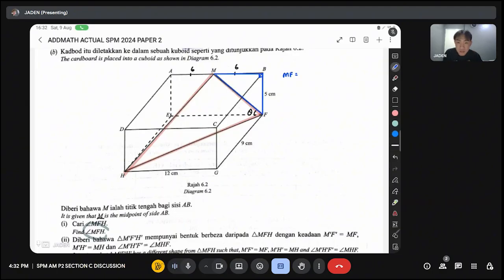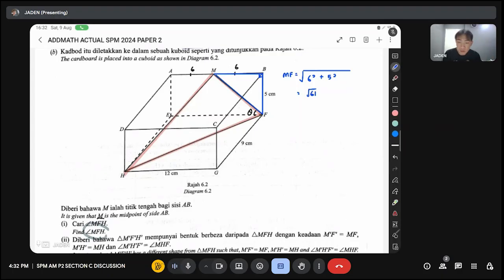And in a right triangle, the M to F is actually the hypotenuse, which is the longest line for the triangle MBF. So over here, we can do square root of 6 squared plus 5 squared. 6 squared plus 5 squared gives you square root of 61. Square root 61, that is MF.